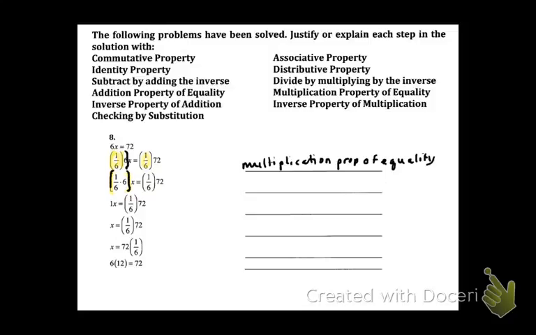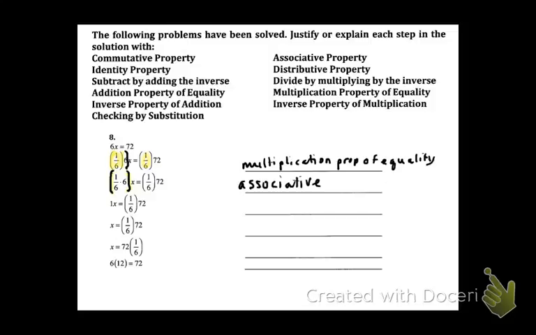So now they're around the 1/6 and the 6. So that is the associative property. They're associating in a different way, so that's the associative property.